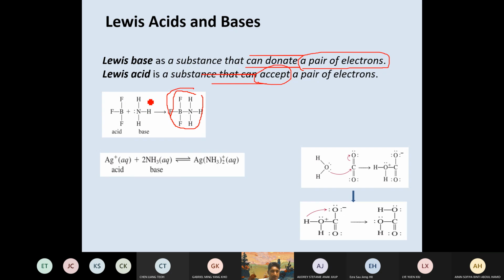When they come together, they work as an acid and base.